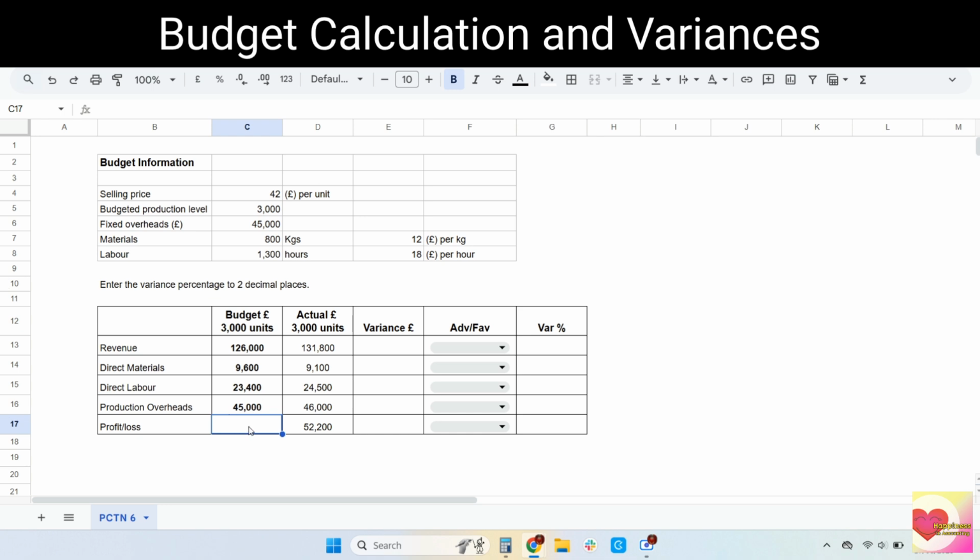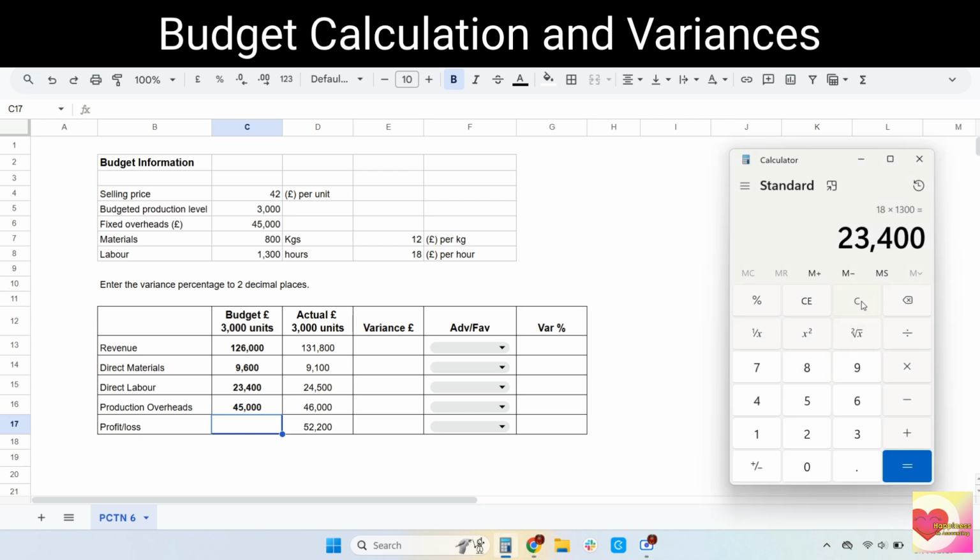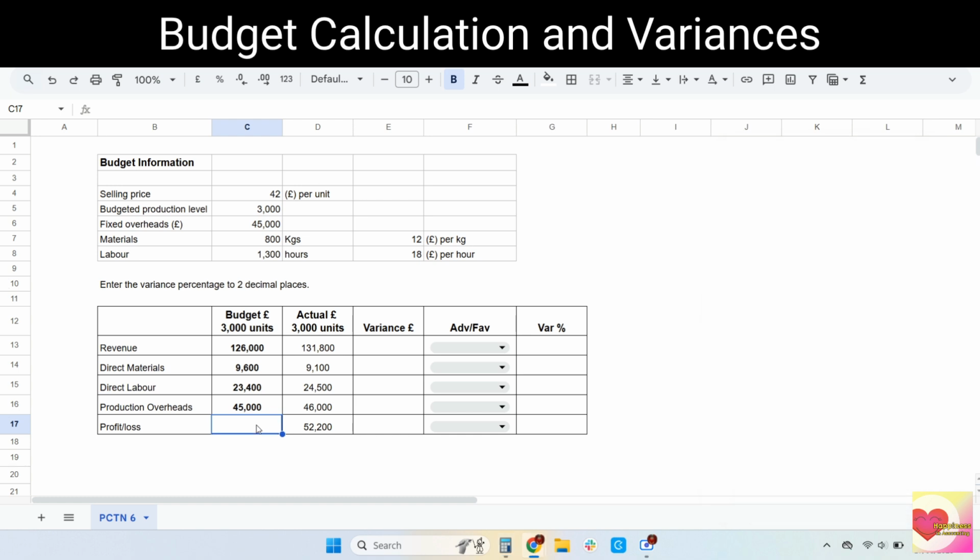Then the profit or loss budget is the revenue less all the costs. So let's calculate. And we got 48,000. So this is our budget for profit or loss.